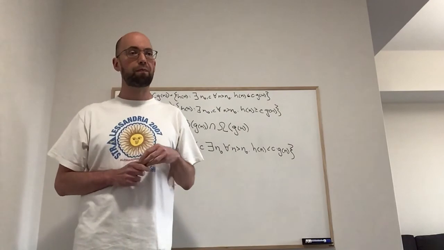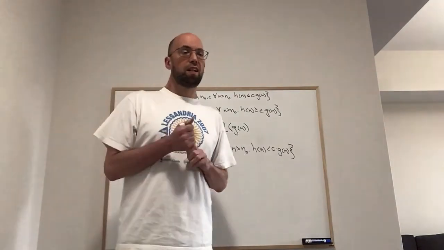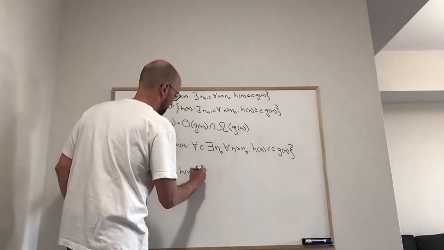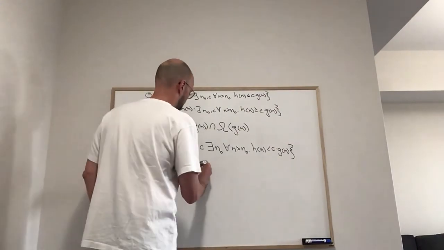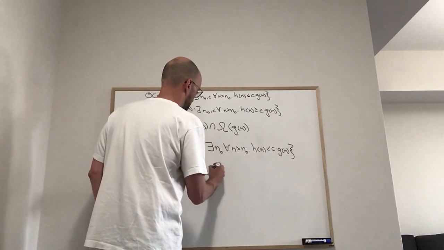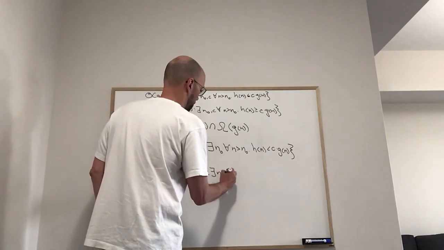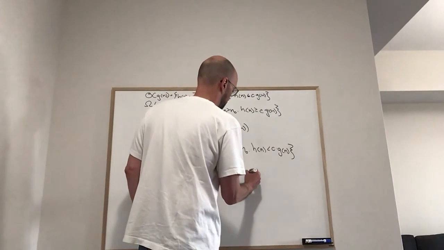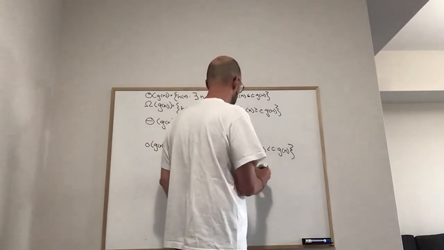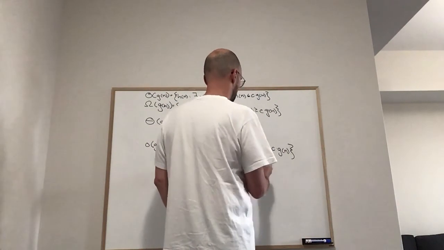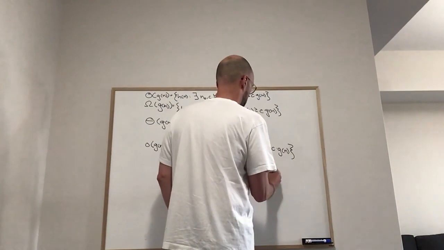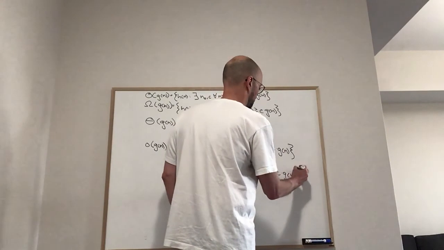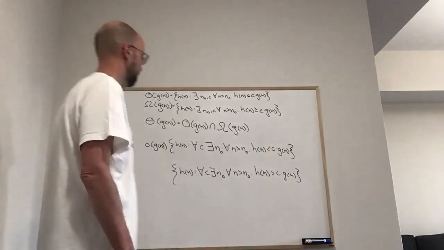So that's h of n such that for all c there exists an n0 such that for all n greater than n0, h of n is greater than c times g of n.